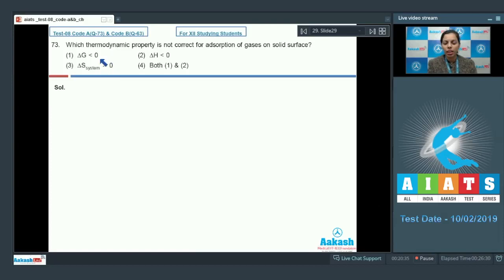Question number 73. Which thermodynamic property is not correct for adsorption of gases on a solid surface? For the process of adsorption, we should always know that delta G is less than 0. It means it is negative because it's a spontaneous process. Further, delta H, the enthalpy change for the process of adsorption, is always less than 0.